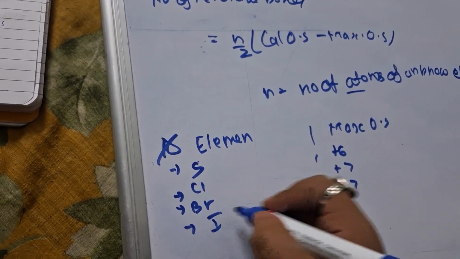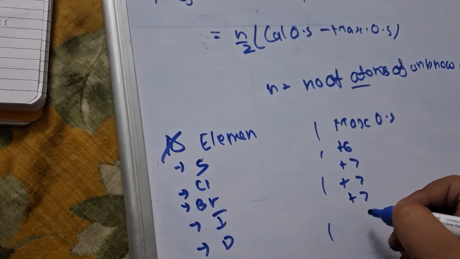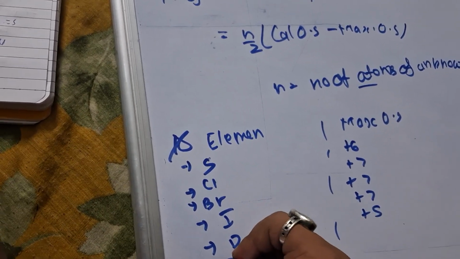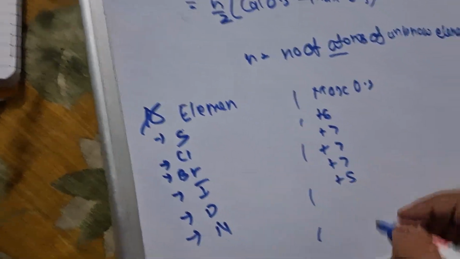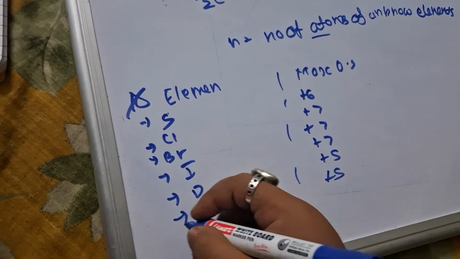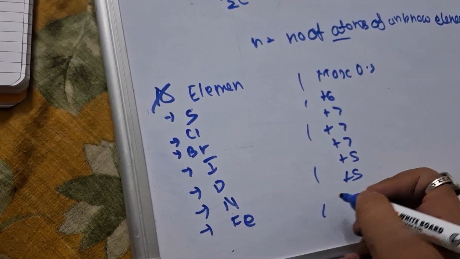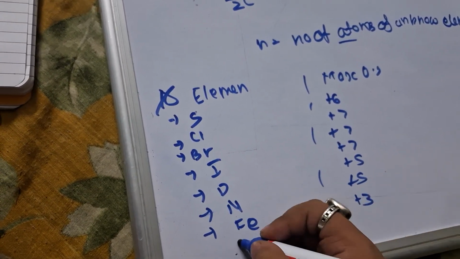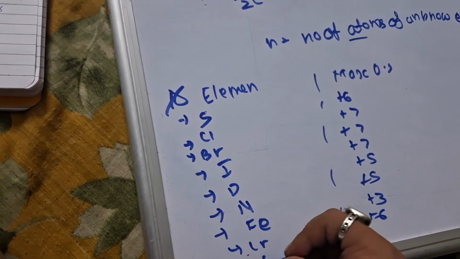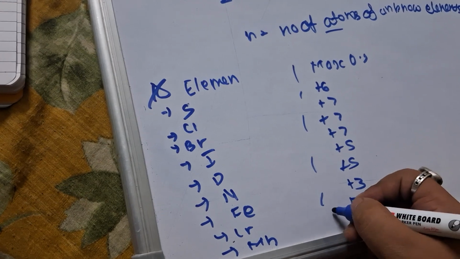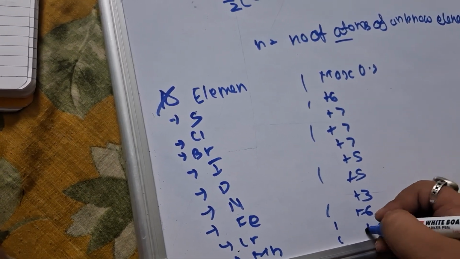Iodine +7. Phosphorus +5. Nitrogen +5. Iron +3. Chromium +6. Manganese plus 1.